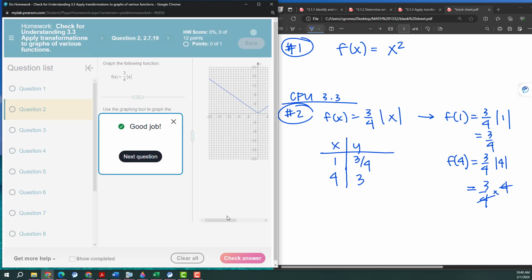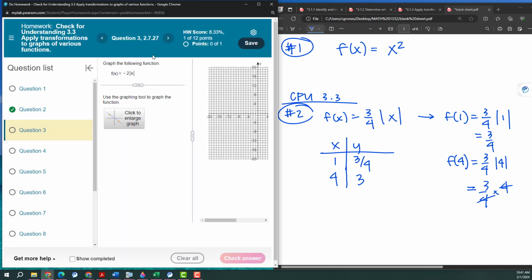All right, let's check our answer. Great job. On a lot of these, it is best to use these tables. That way you can find a point and use it for your graph. All right, so that one is kind of similar.